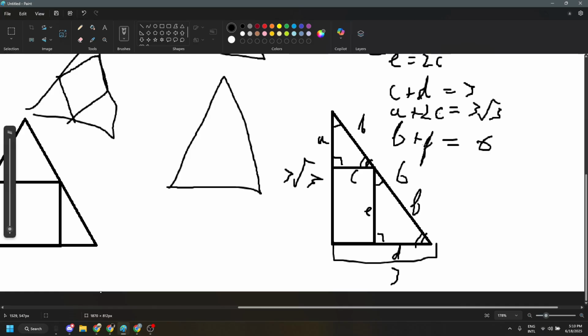What else do we know? Okay, what we could do. Oh, I was going to say we could scale it, but we cannot scale it because this is not that. Hmm.